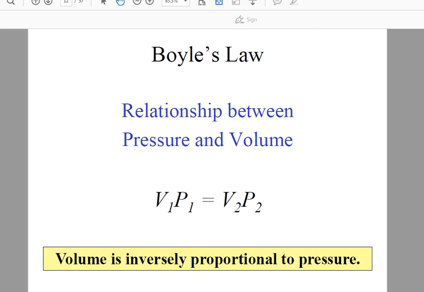PSI is a unit for pressure. If you've ever filled your car tire up with air, you're measuring the PSI, the pressure inside the tire. That's another unit for pressure. We may see some others. Again, it doesn't matter which one you use here as long as both the pressures are in the same unit. I will give you a key if you need it.